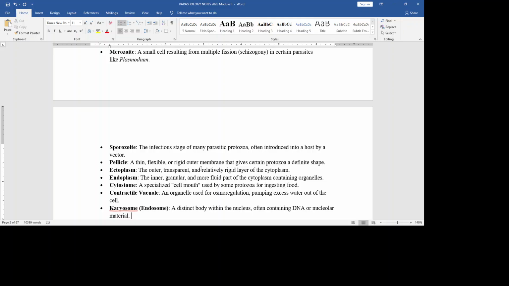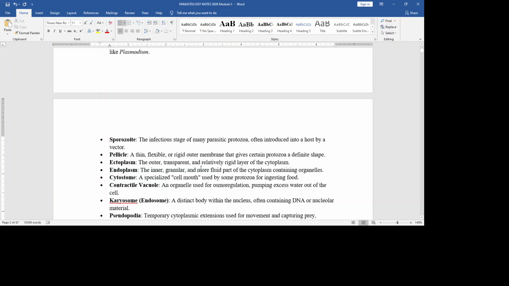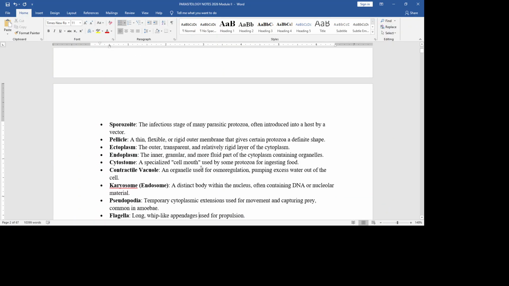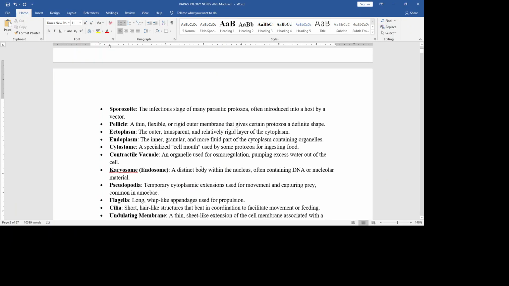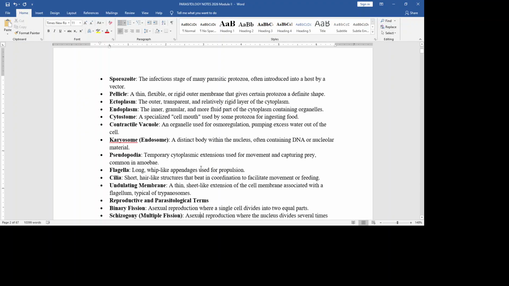Then we have the contractile vacuole, which is an organelle used for osmoregulation within the cell, and normally it is used for pumping excess water out of the cell, and in the process it takes part in the excretory process.